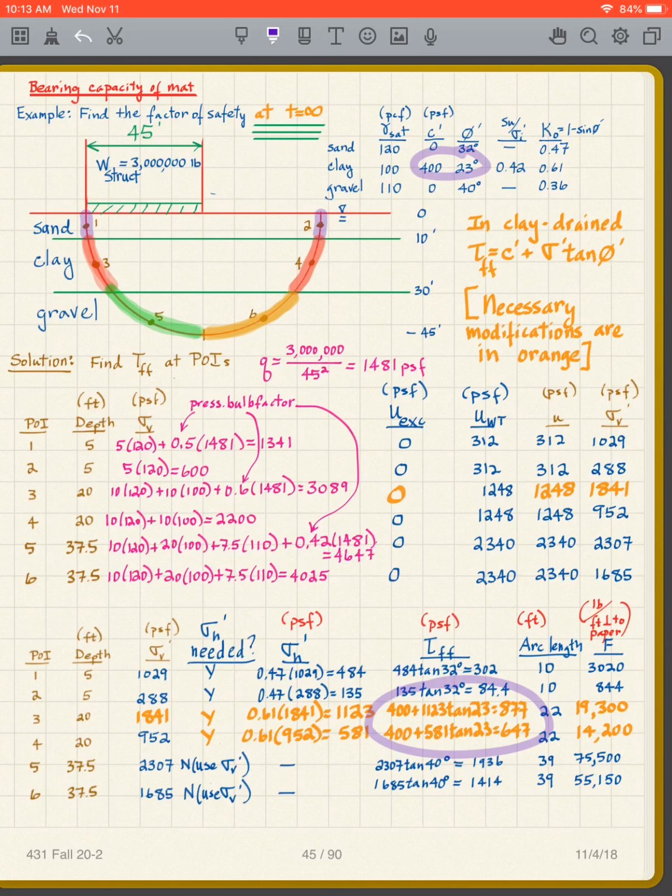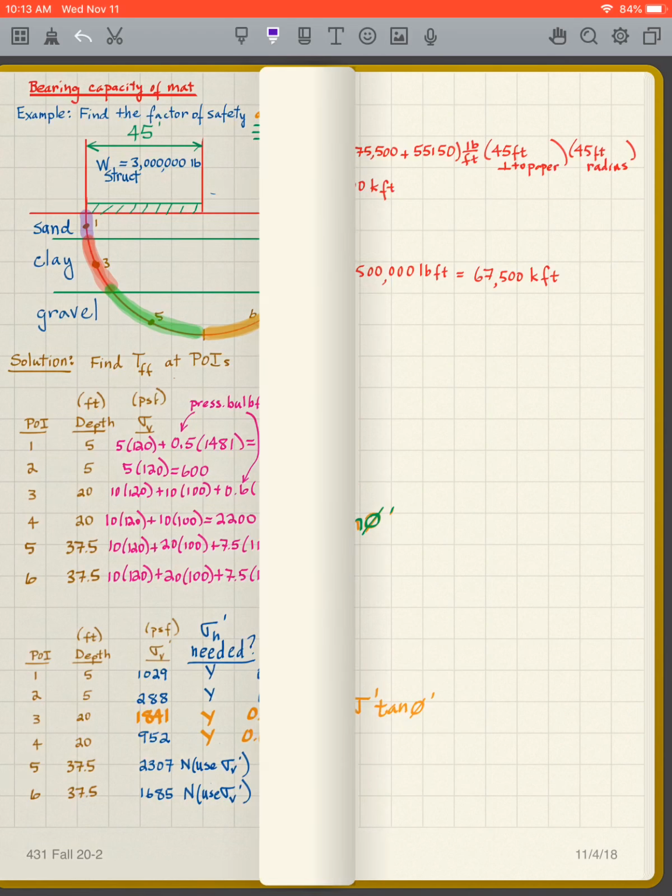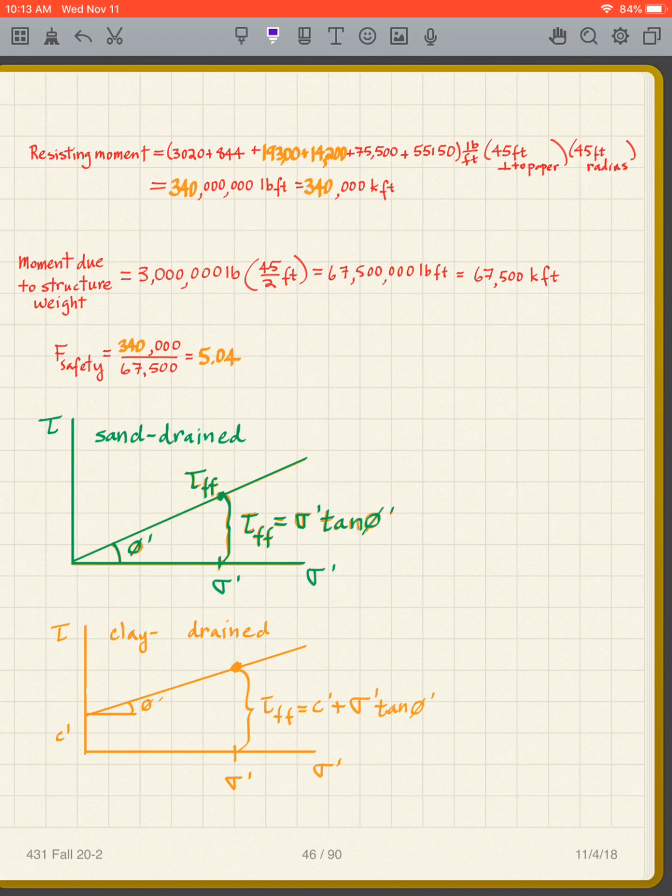And what does that do for me? That means the arc length is the same. I multiply the arc length times the tau ff, I get that. And now I'm getting more resistance in my clay, which makes sense because it's been consolidated and is stronger, that sort of thing.